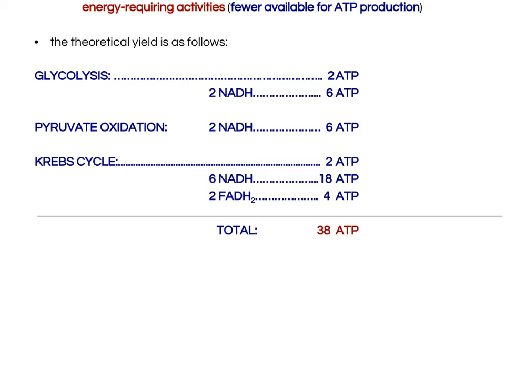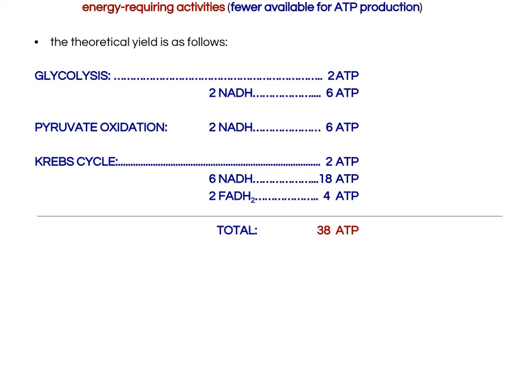So I thought it'd be helpful to do a breakdown of those 38 ATPs. The theoretical yield is 38 ATPs. Where are they coming from? I want to differentiate between the ATP produced via substrate level phosphorylation and oxidative phosphorylation.